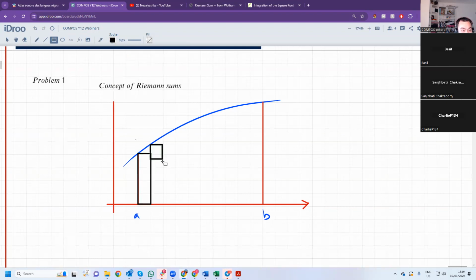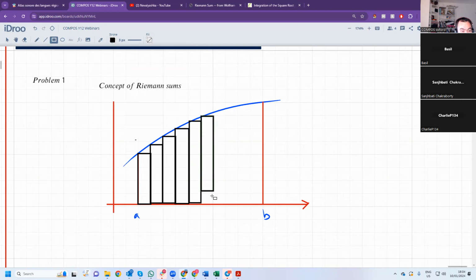Then I'm going to draw a rectangle like this, and like this, and like this. And the total area of the rectangles is approximately equal to the area under the curve.